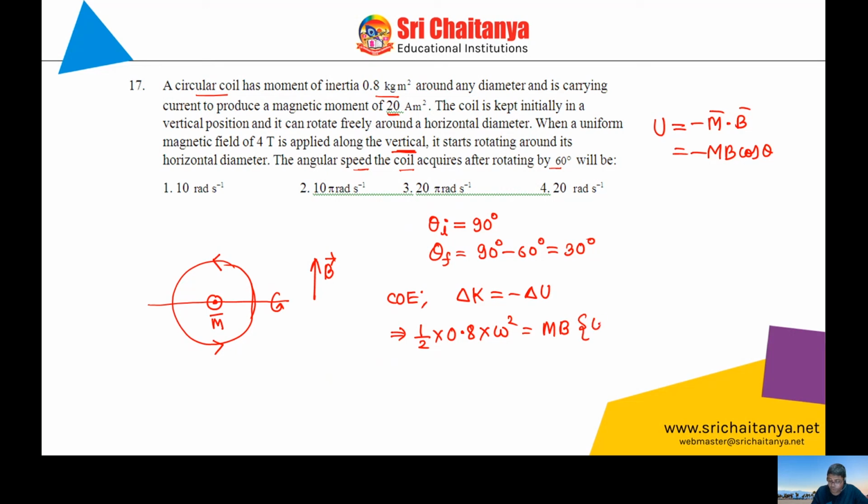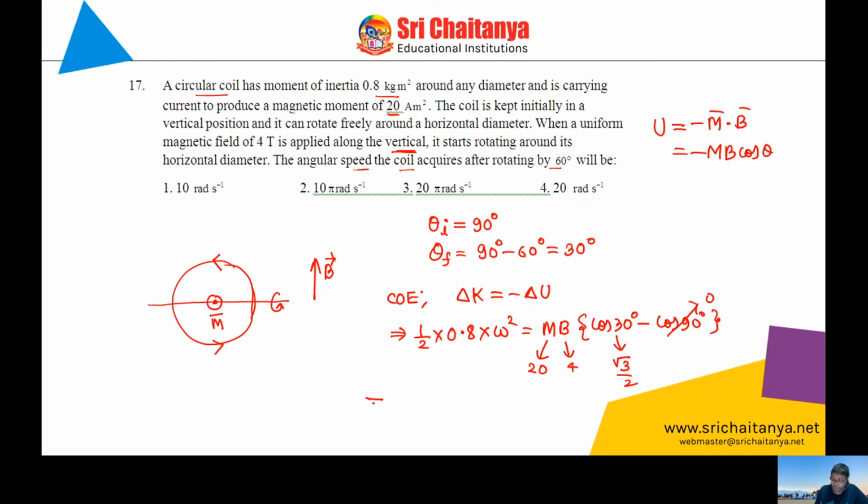So cos 30 degrees minus cos 90 degrees. Okay, and after substituting the values, we have been given the value of m and b also. The value of m has been given to us as 20, and the value of the magnetic field has been given to us as 4, and cos 30 will be nothing but root 3 by 2, and this cos 90 will definitely be equal to 0.